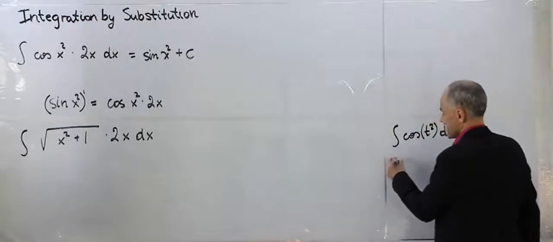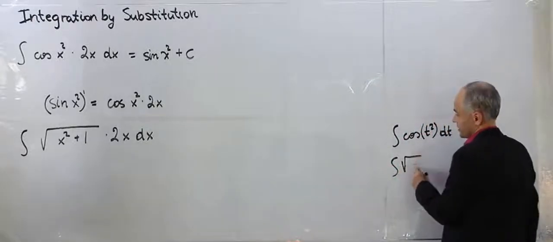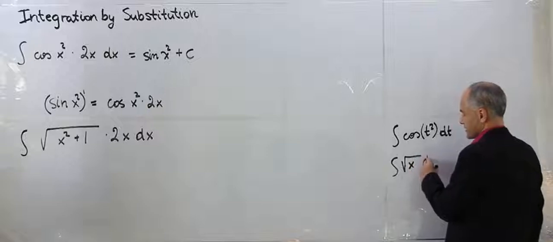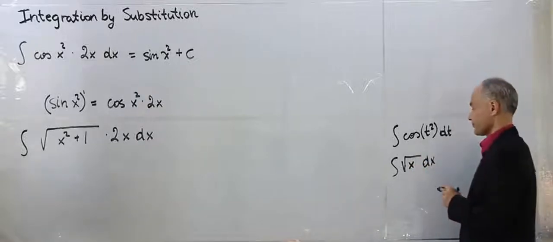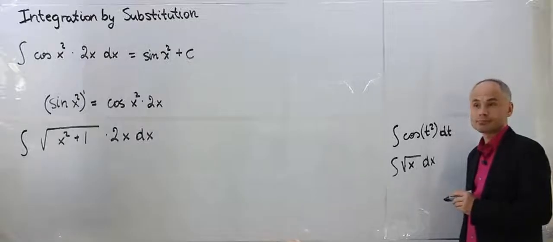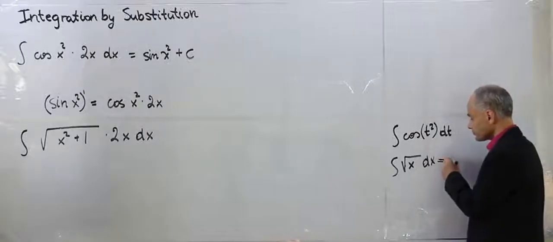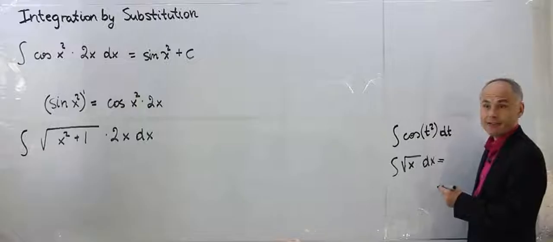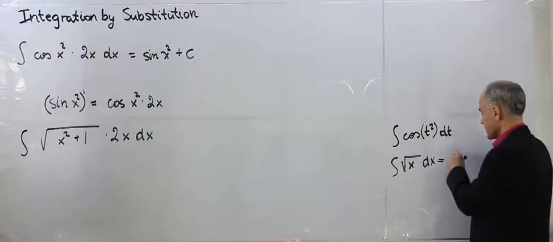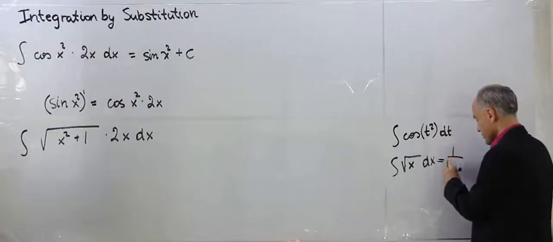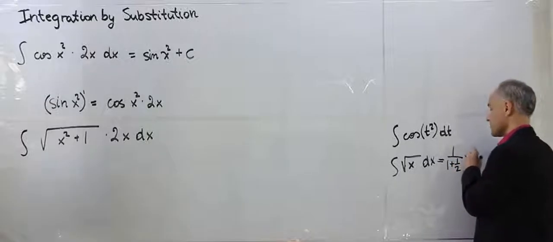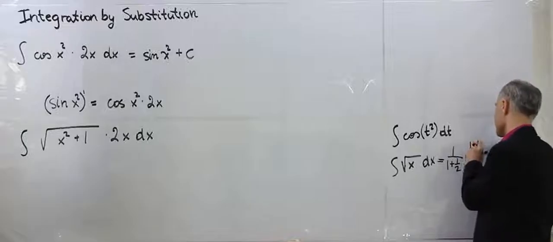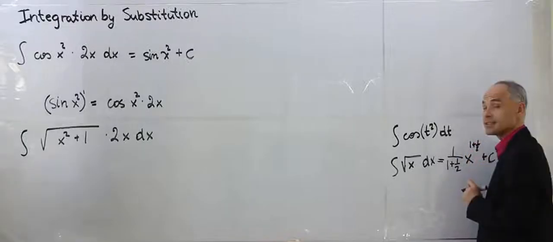So what is the integral of the square root of x dx? What is it? It's x to the power 1/2, right? So it will be 1 over 1 plus 1/2 times x to the power 1 plus 1/2 plus constant c.